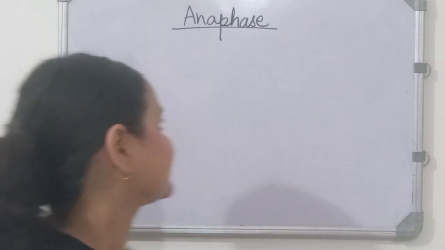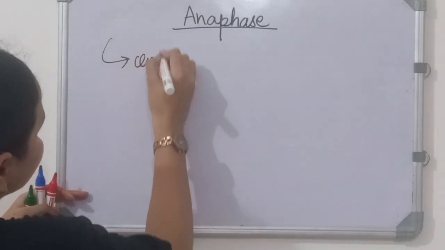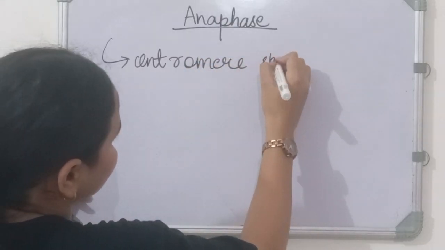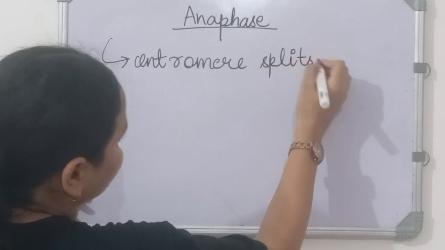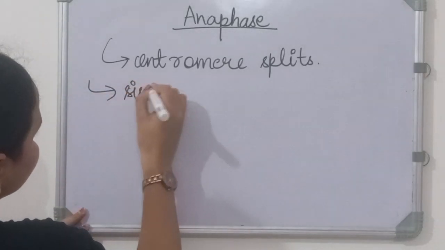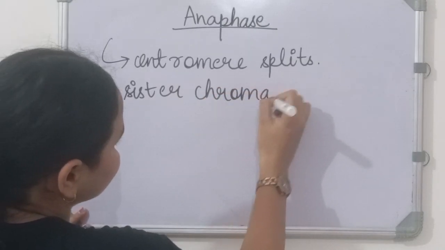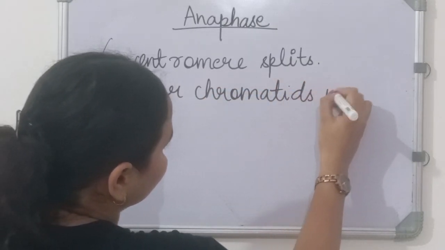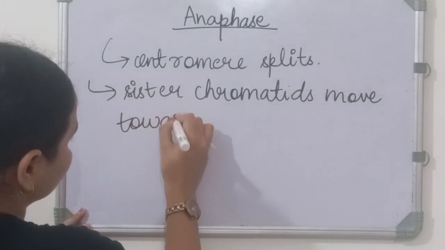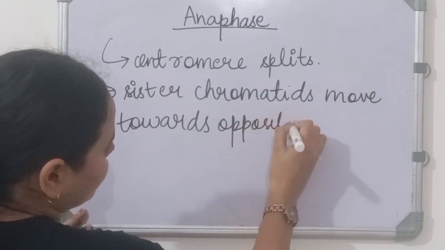Now let's write it. So centromere splits. Sister chromatids move towards opposite poles.